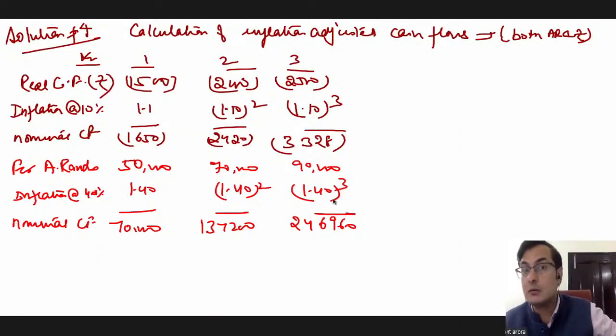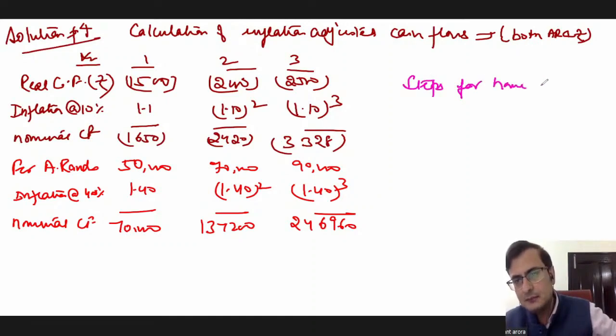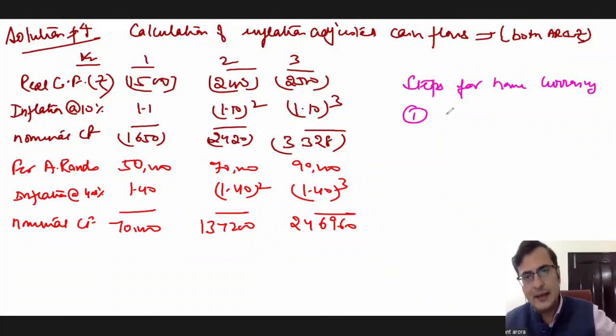You can write it in your notebooks what I'm writing. Steps for home currency. Okay, you remember the steps? Number one, most importantly, we need the discount rate.